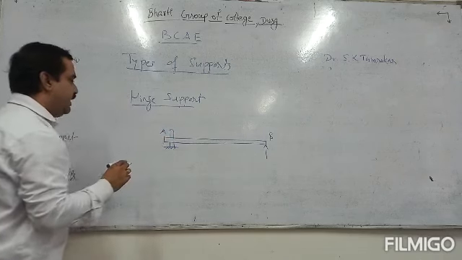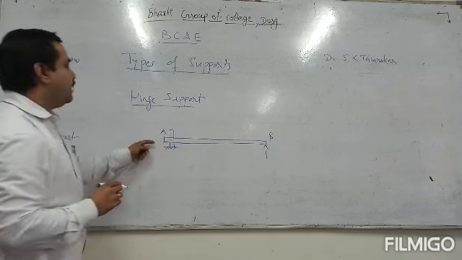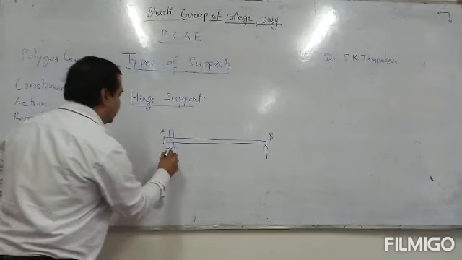This is point A, the hinge. So here two types of reactions are there.